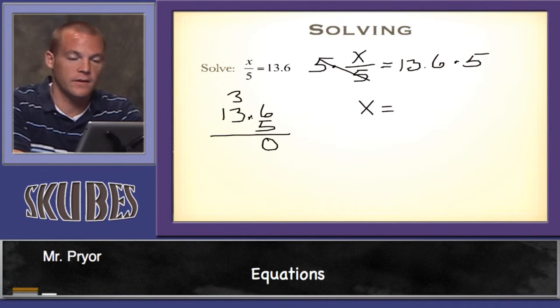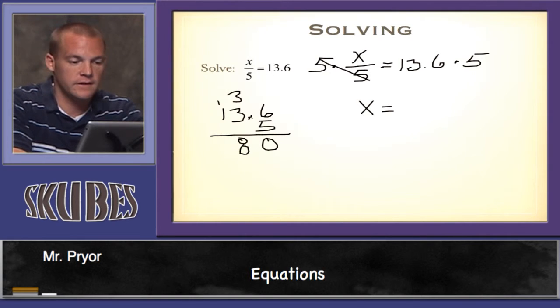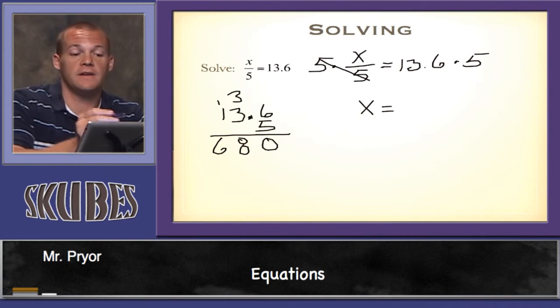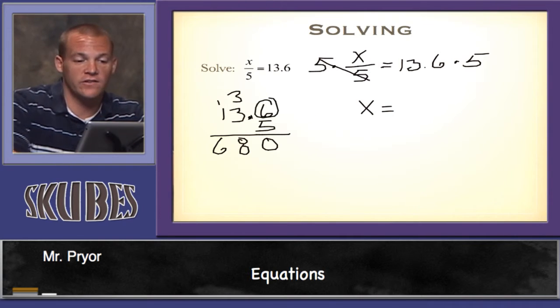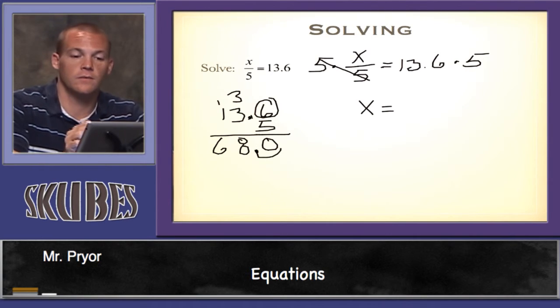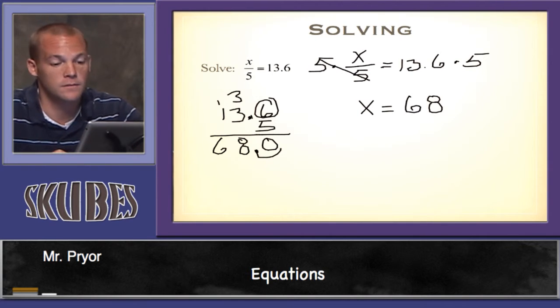Carry the 3. 5 times 3 is 15, plus 3 is 18. Carry the 1. 5 times 1 is 5, plus 1 is 6. Then at the end, you look and see how many values are behind the decimal, how many decimal places there are, and that's just going to be one value. So we move our decimal one place, which would end up giving us 68. So our answer to this one would be 68.